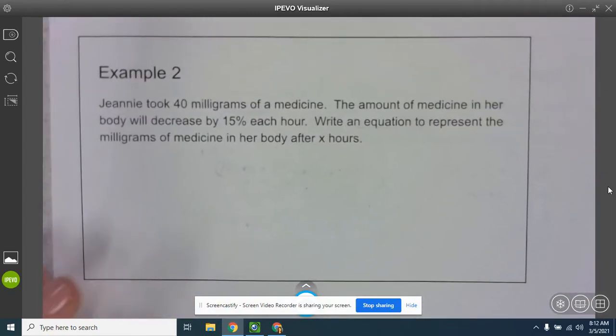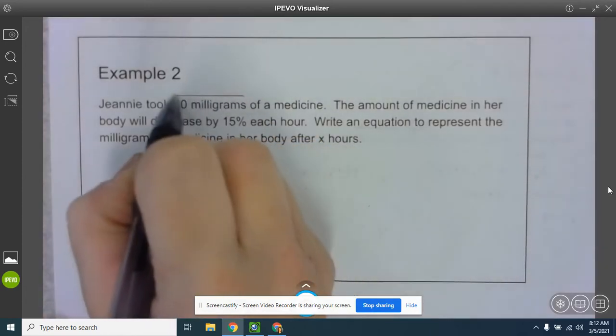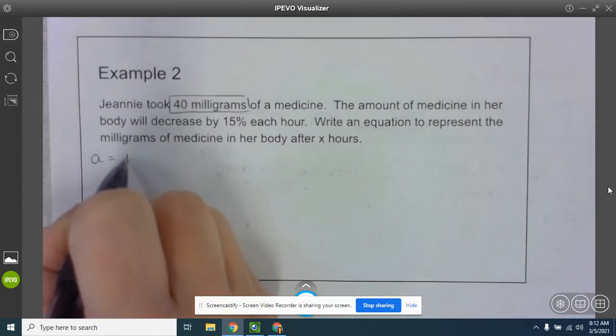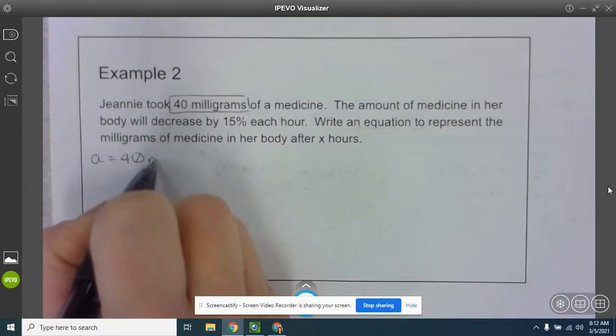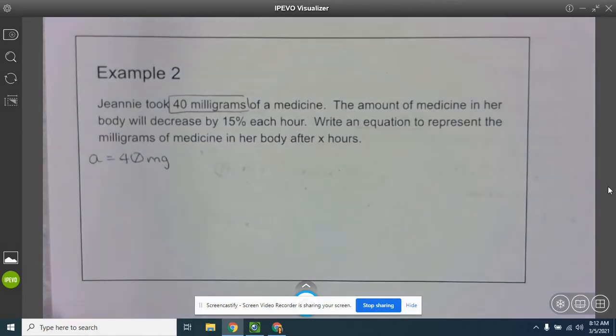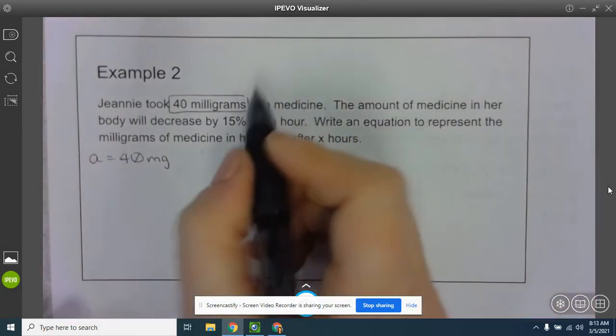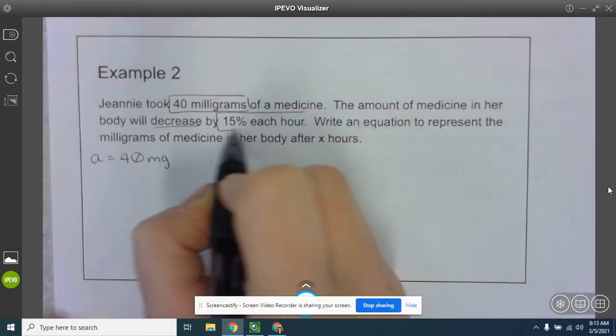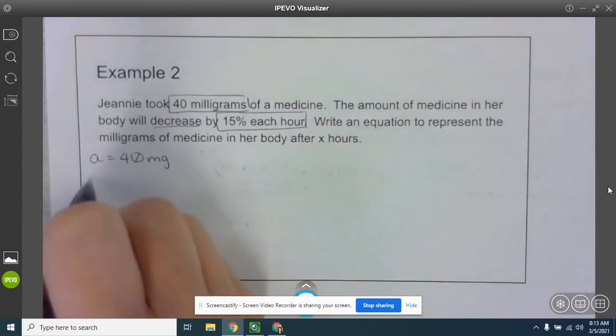All right, so Janina's taking 40 milligrams of a medication. That is my A value. The amount of medicine in her body decreases. That tells me it's decay by 15% each hour.